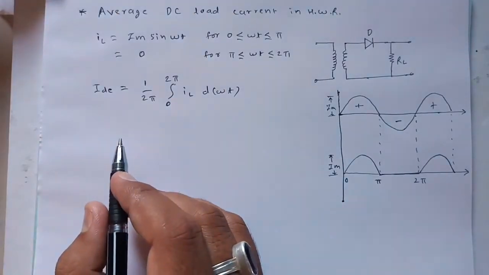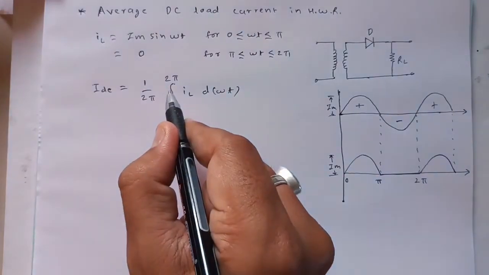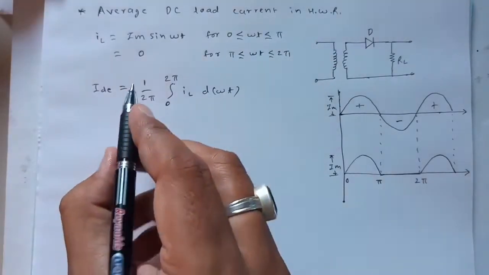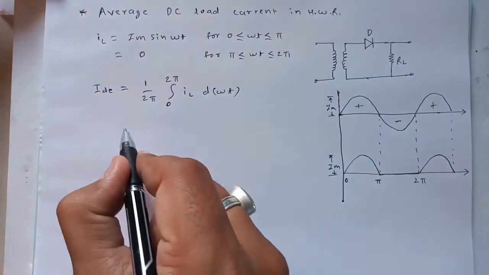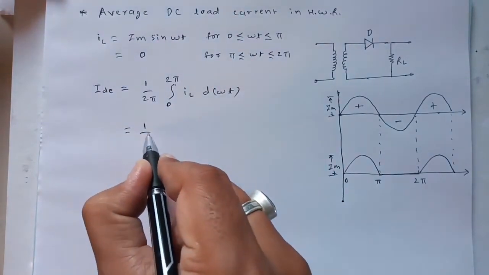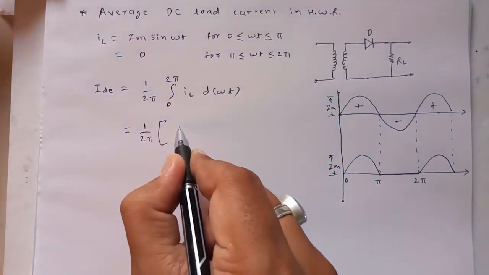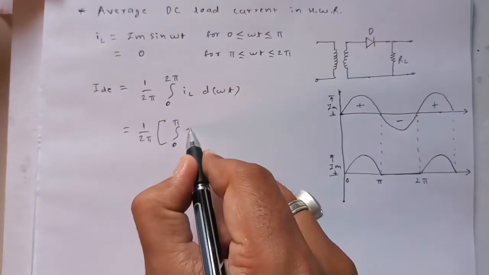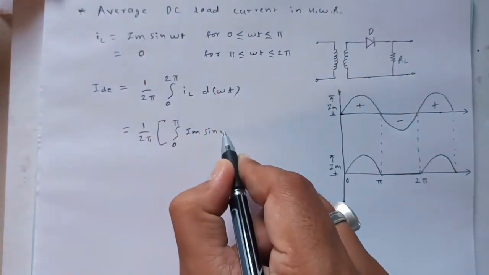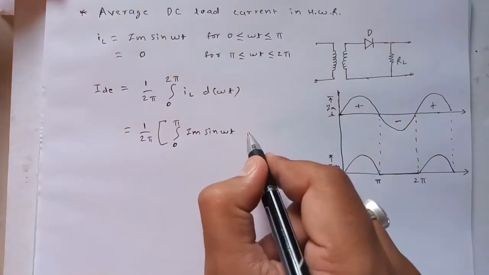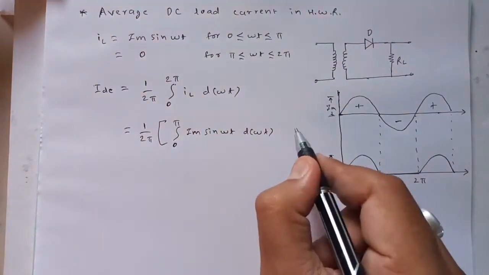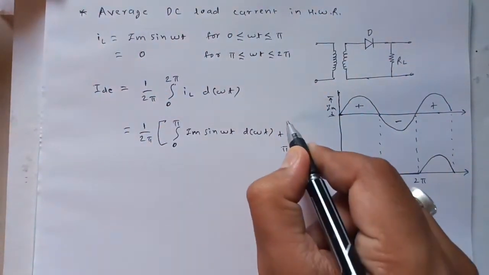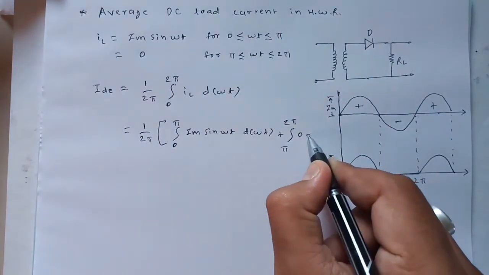Now further, as we know that IL is 0 from pi to 2 pi, we can write 1 upon 2 pi, in bracket, the integral from 0 to pi of Im sine omega t d omega t, plus the integral where the limit changes from pi to 2 pi and the value is 0.